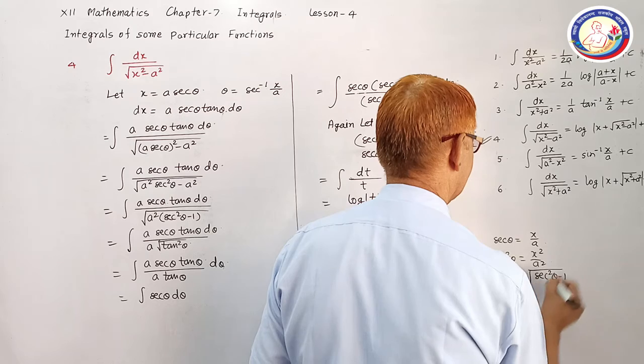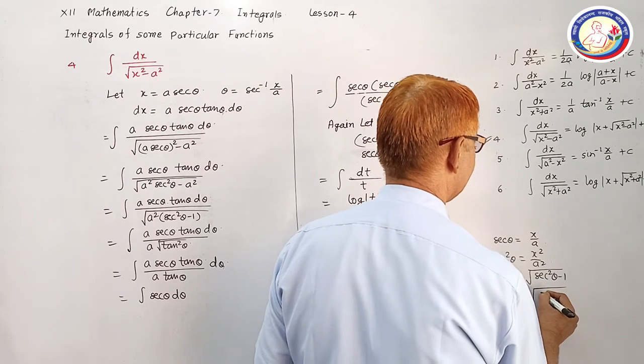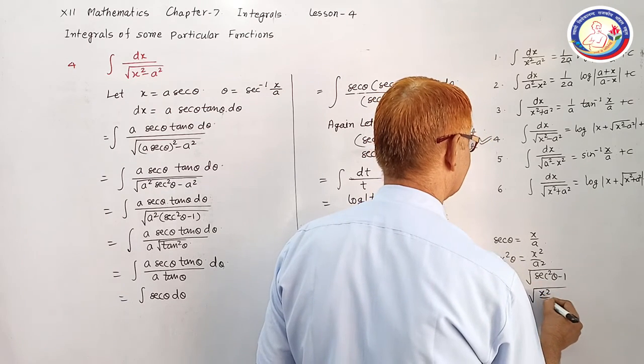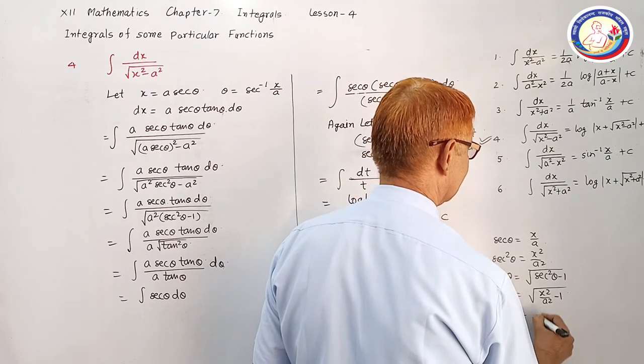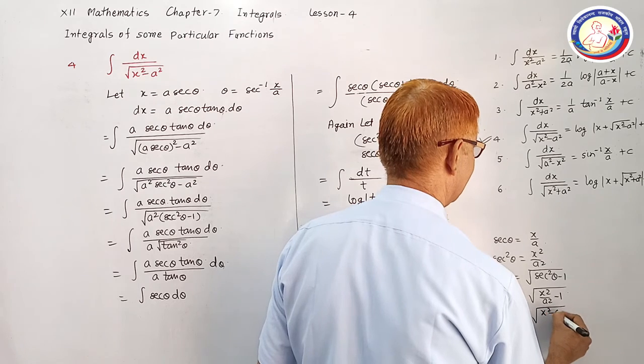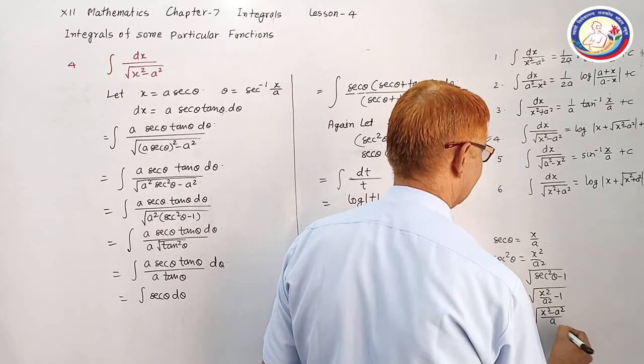Put here, it is square root of x square upon a square minus 1. On simplification, we will get square root of x square minus a square divided by a square.